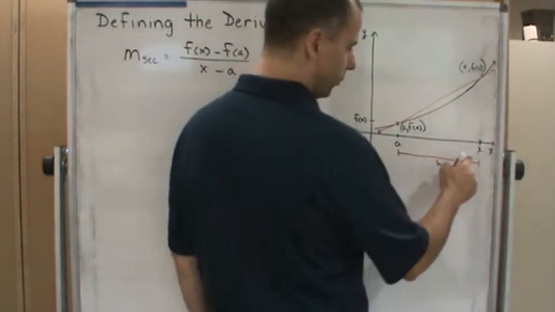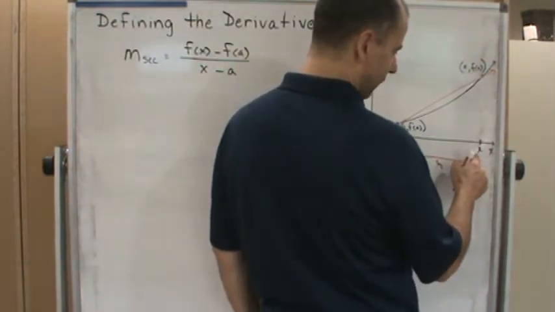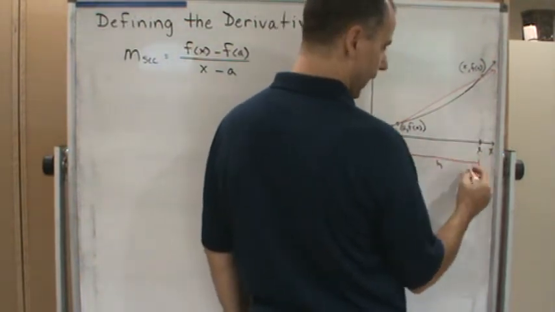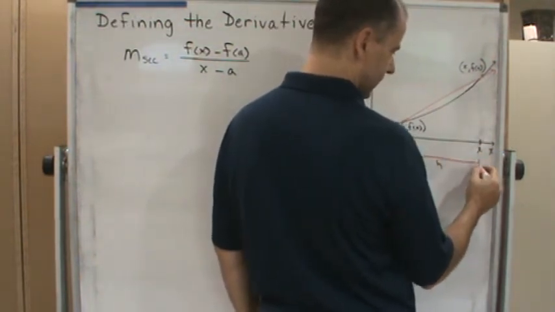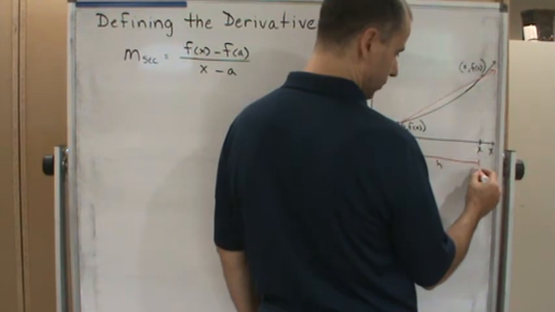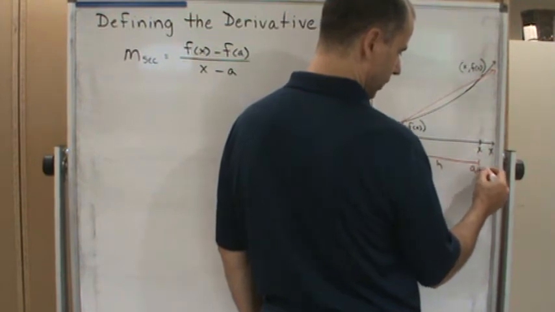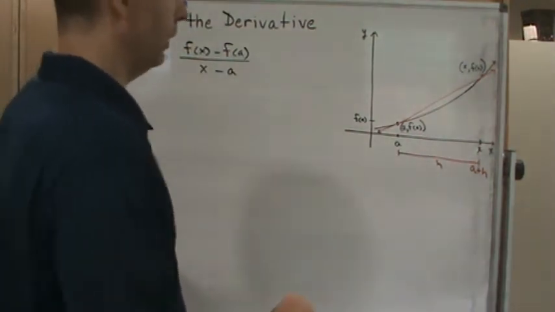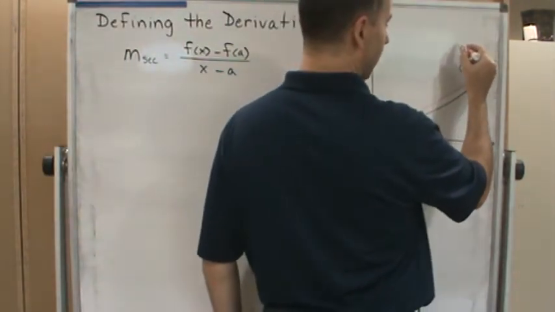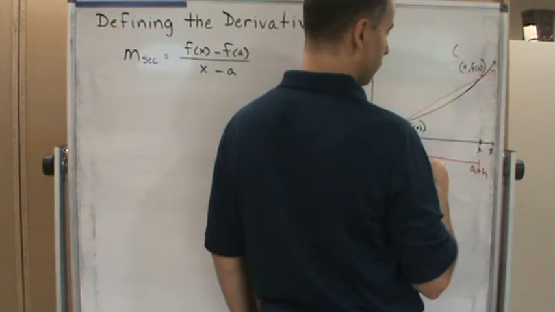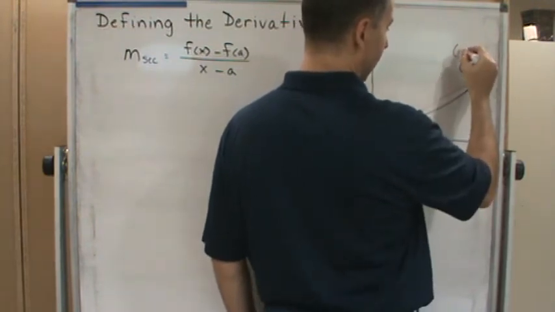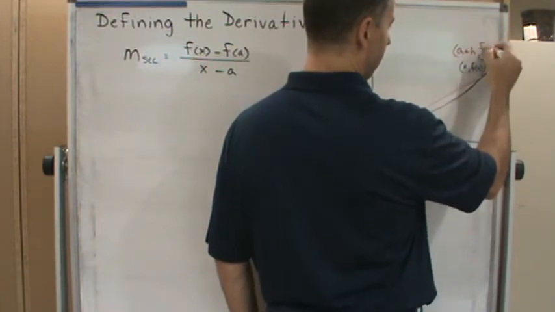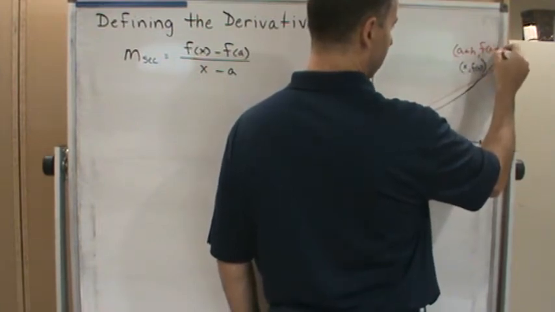This x value would actually be equal to a plus h. And so this point up here could be represented as a plus h, comma, f of a plus h.